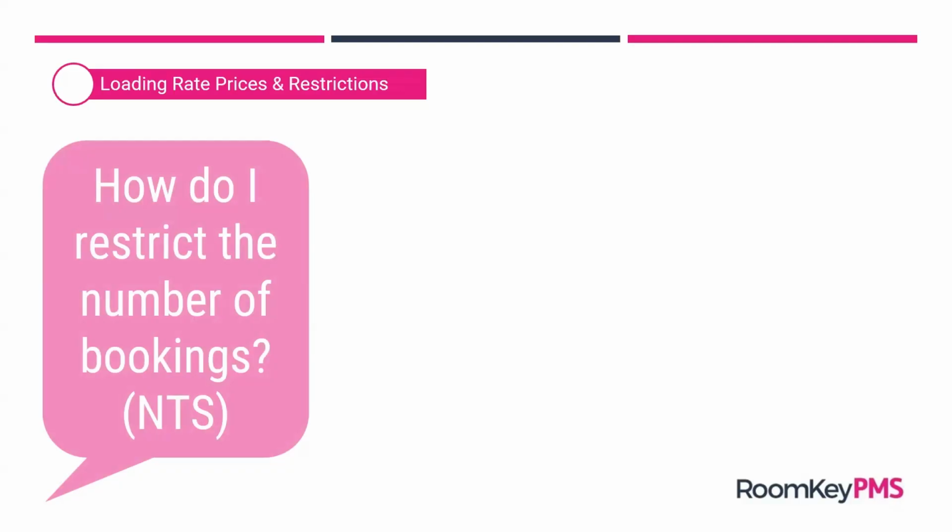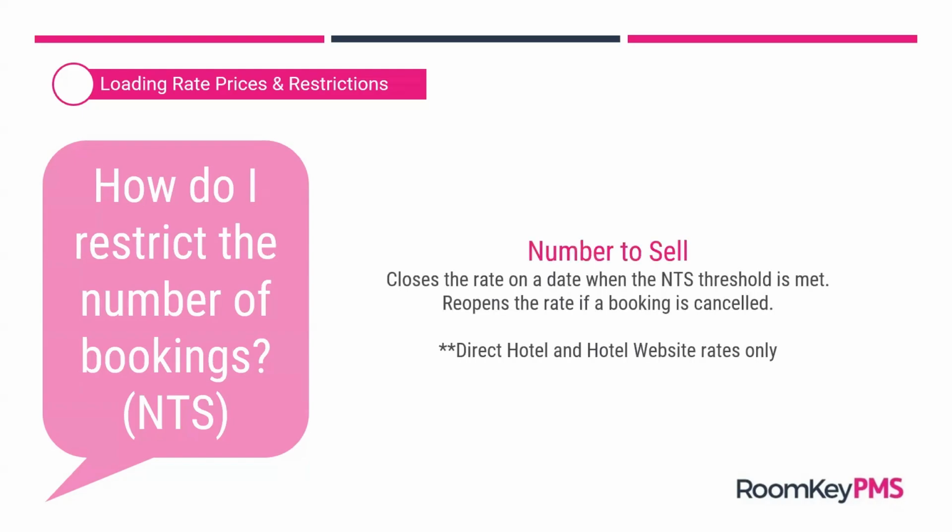Another question that we get, not as frequently, but somewhat, I've seen that pop up in some of our queries on the support website, is how do you restrict the number of bookings? This is sometimes referred to as an NTS restriction, or number to sell. We do have this restriction available inside the Rate Wizard.